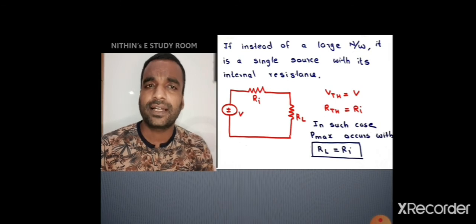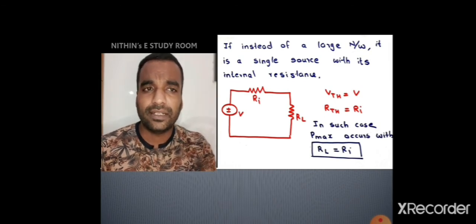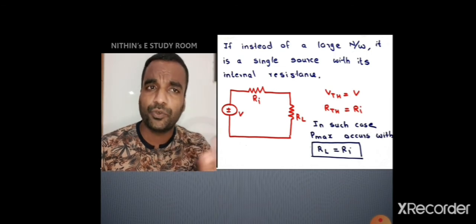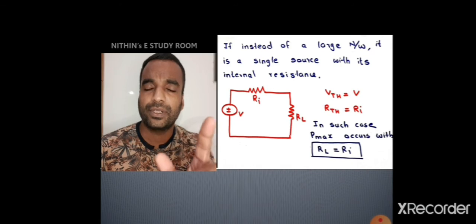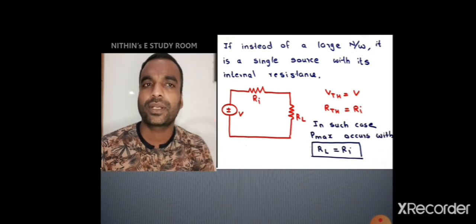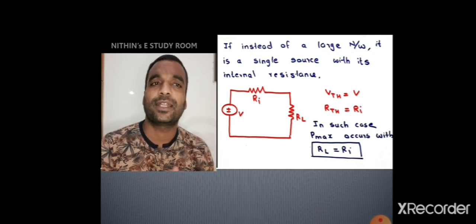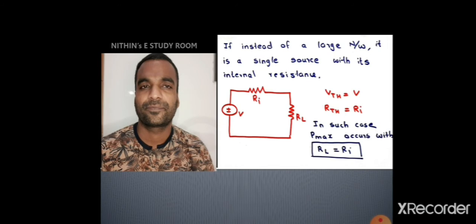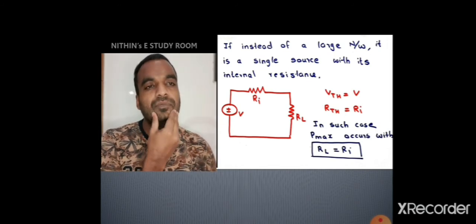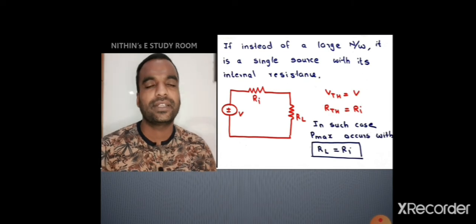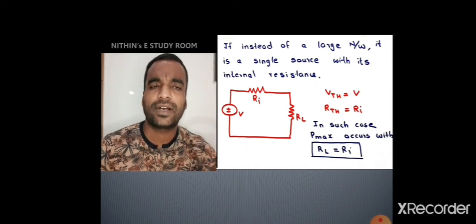For that, if you have not seen our 10th lecture, please refer to circuits and networks video lecture number 10. Then you will get the proof of how maximum power transfer occurs when the value of RL is equal to Ri. Okay.